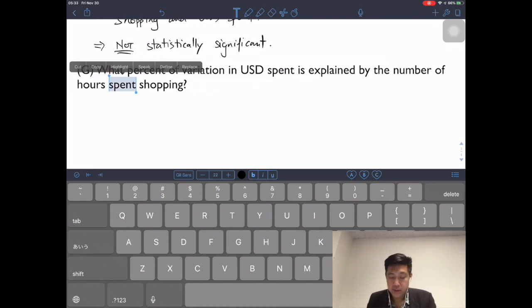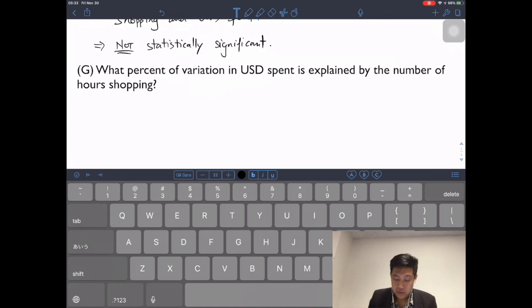This is also known as finding the coefficient of determination. They are the same thing.